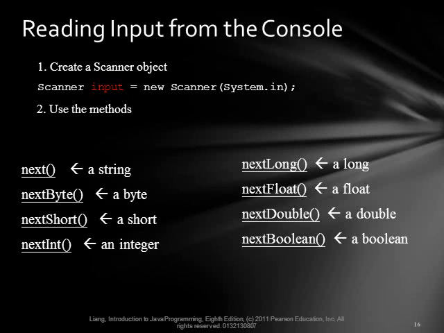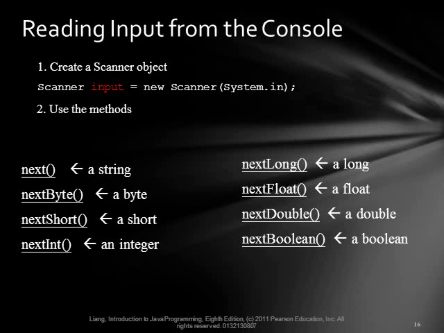Then input is a name I chose, a meaningful name. And then I have to specify that I'm creating a new Scanner, and in parentheses, it's telling the Scanner class that I'm going to be using it to retrieve input from the standard system input device. So that's how I create an object.